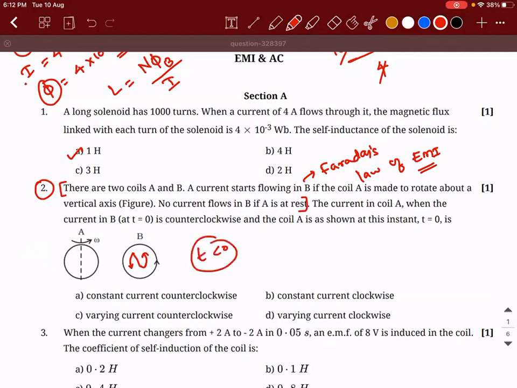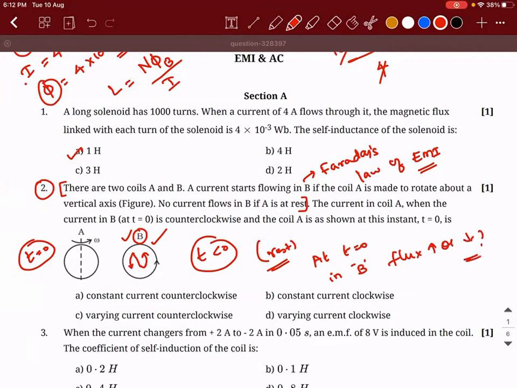For T less than 0, both of them are at rest. So the current in B is 0. Now, as soon as the coil A is put into revolution, you are able to see a current in it. Means in the coil B, is the flux increasing or decreasing at T is equal to 0? Increasing, sir.